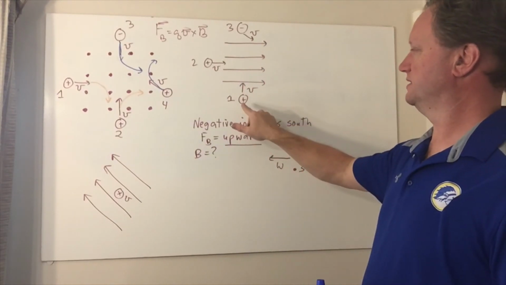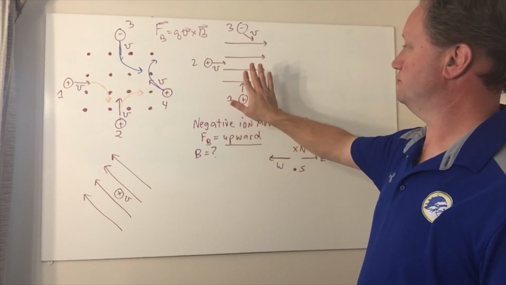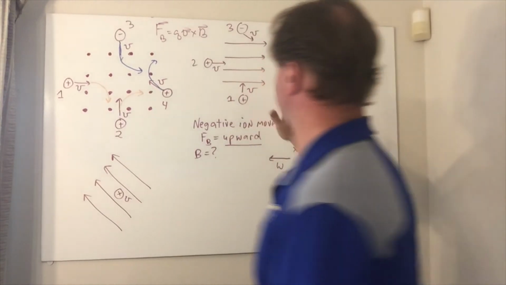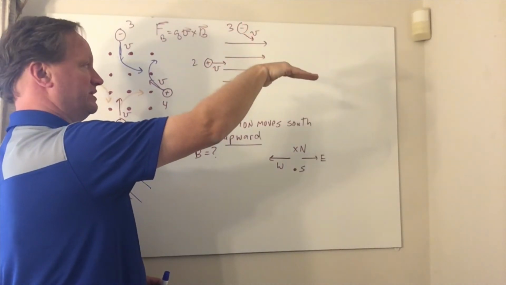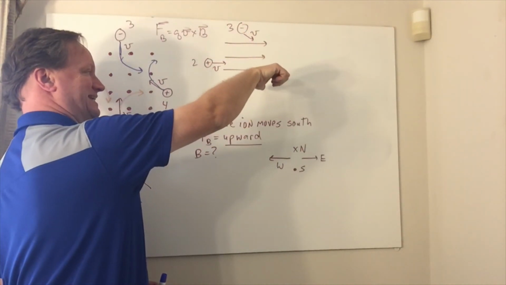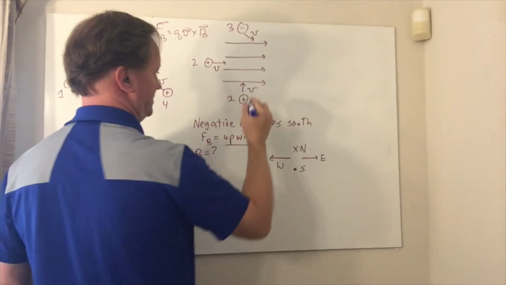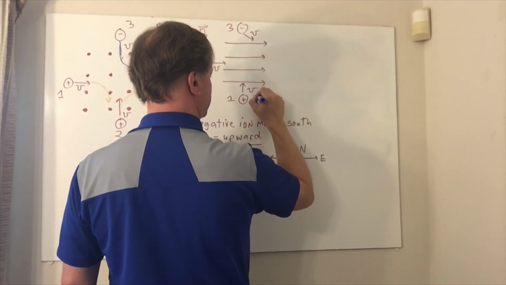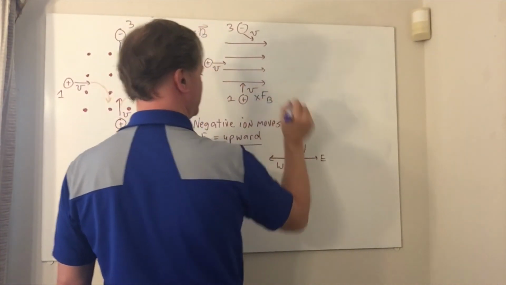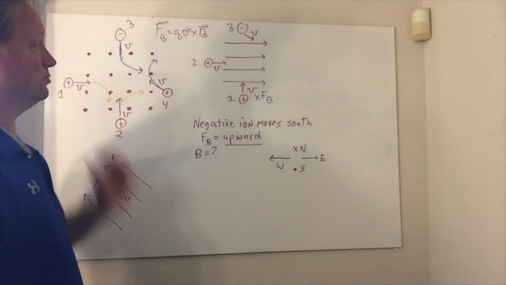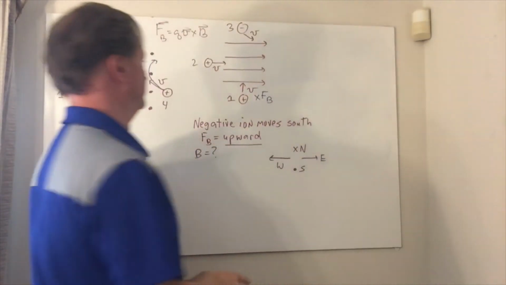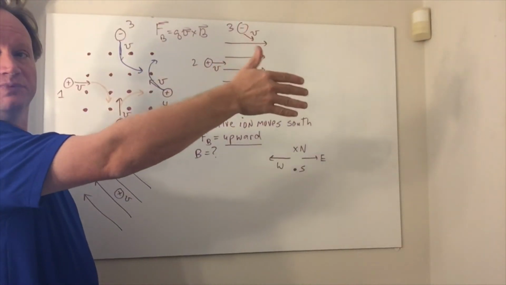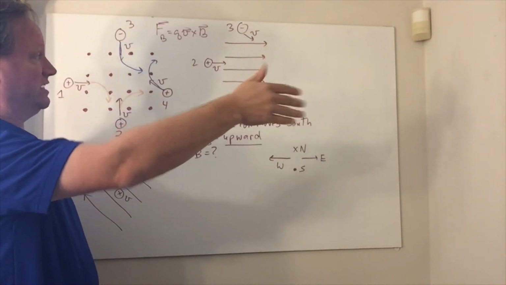Particle number 1, here's V. B is directed over in this direction, so then I can go V wrapped into B. My thumb points into the board, and so this force, I'm not going to try to draw circulation, that force is into, okay? Particle number 2, V cross B, they're in the same direction.